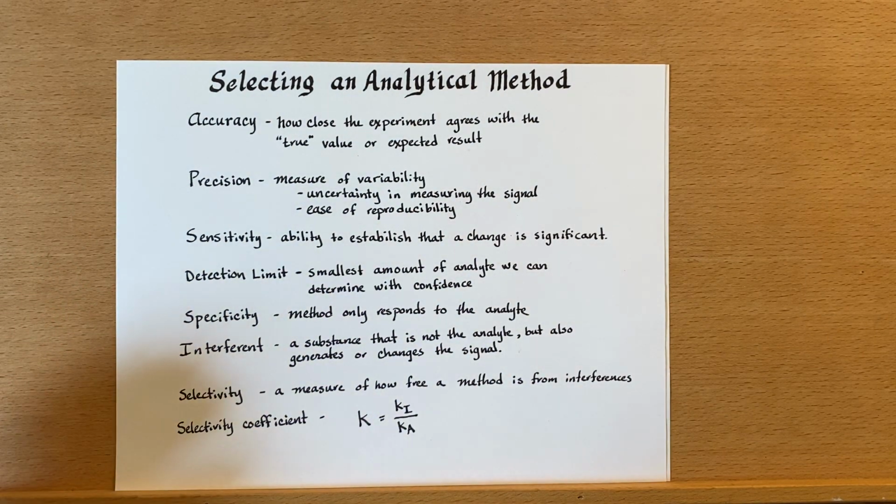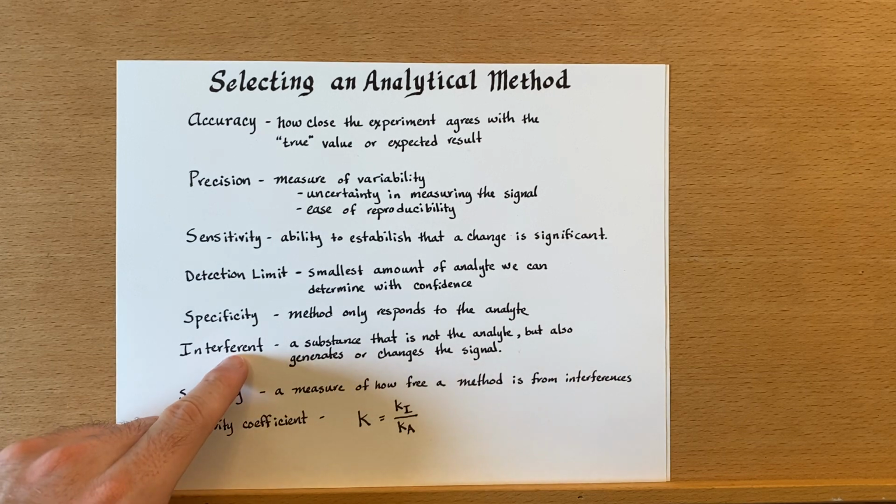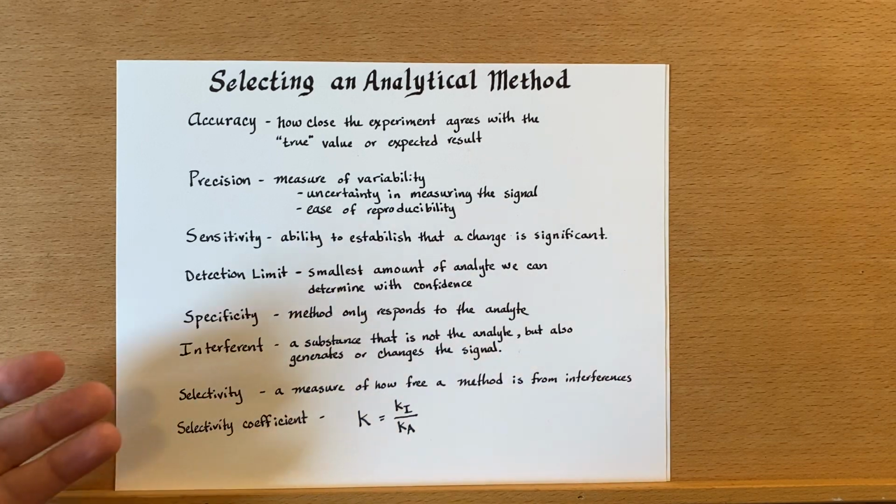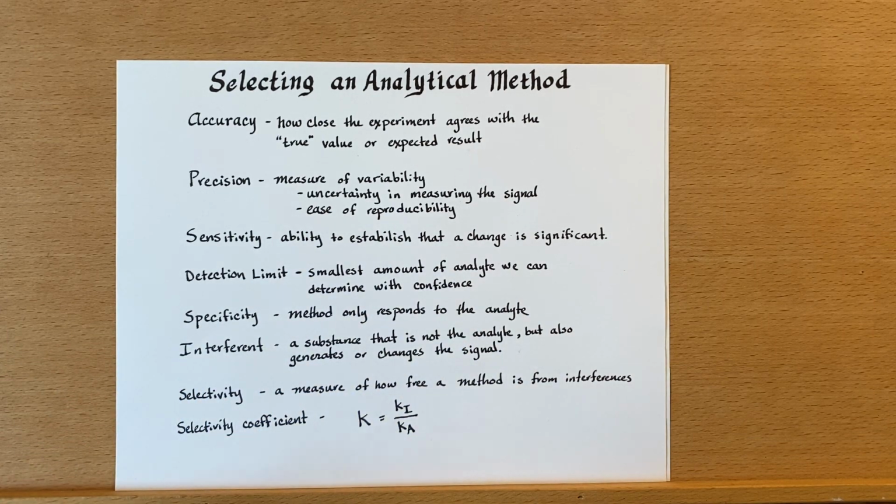It could also be the case where an interferent causes a negative interference. In the case of a gravimetric analysis, that would prevent the substance from reacting to precipitate in the solution.